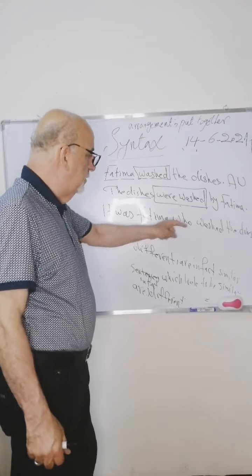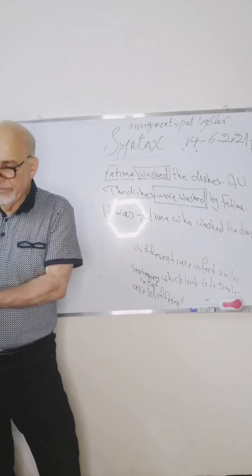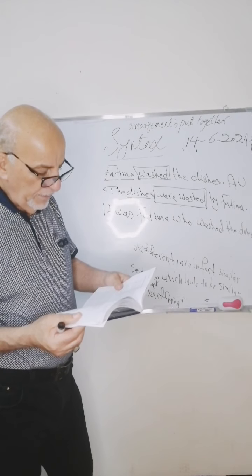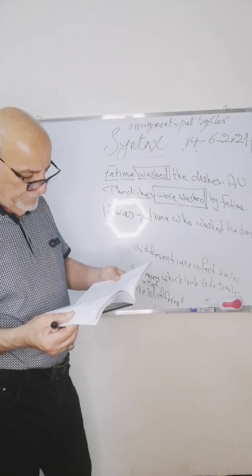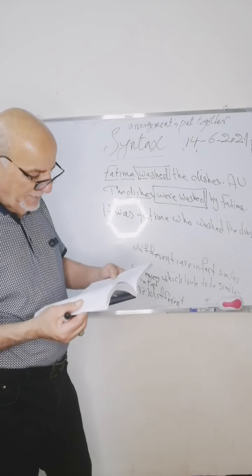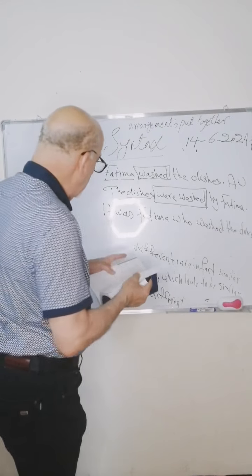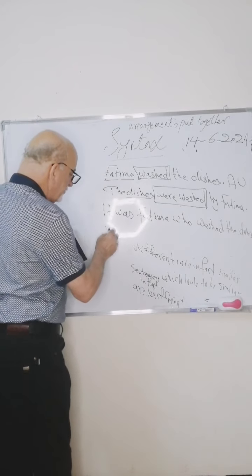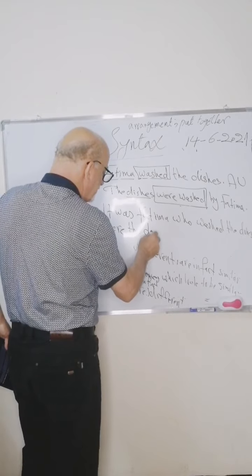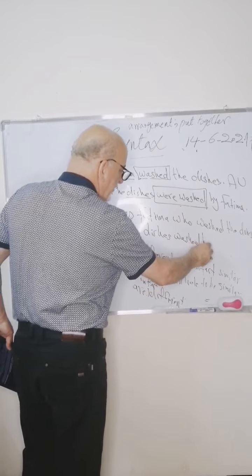Okay. Another structure, also from the book, which is interrogative. He says here, what is it here? Yeah, was where? Yeah, this is where the dishes were washed by Fatima.